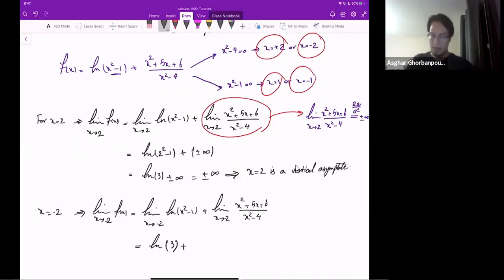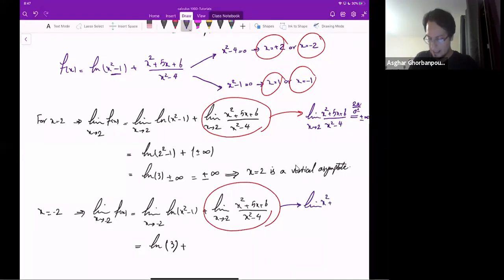For the second part, you see that it is 0 over 0, so I can factor: x minus 2, x plus 2 in the denominator, and x plus 2, x plus 3 in the numerator.